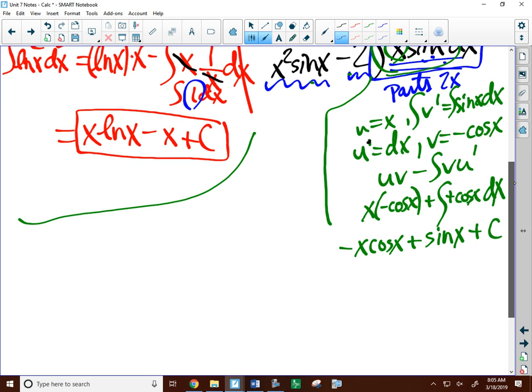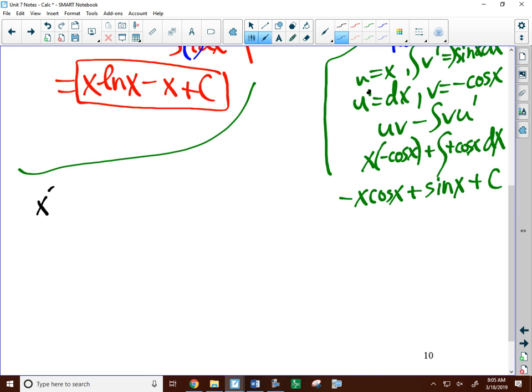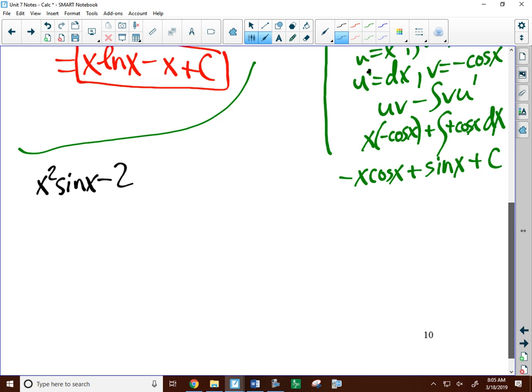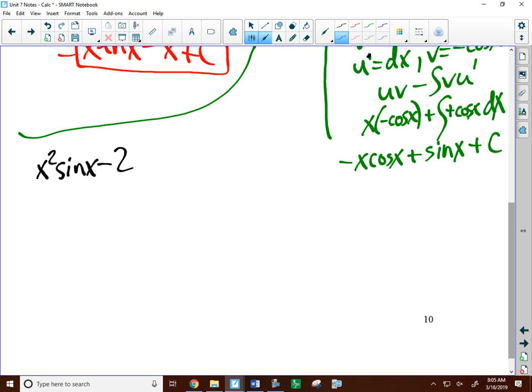Okay, so I'm bringing down the x squared sine x minus 2. Now that is 2 times this. I'm going to put this in parentheses. Negative x cosine x plus sine x.